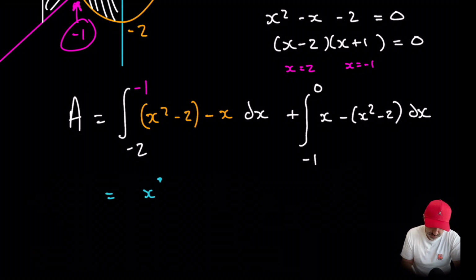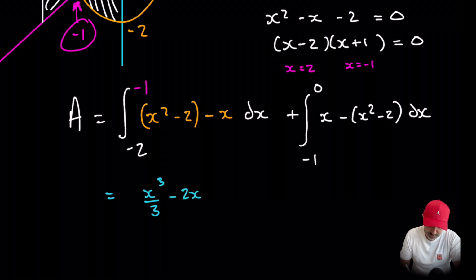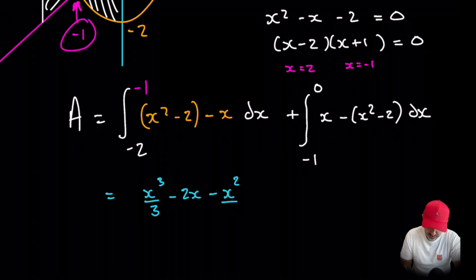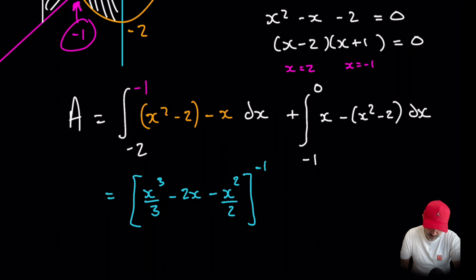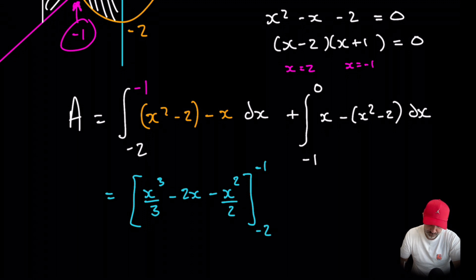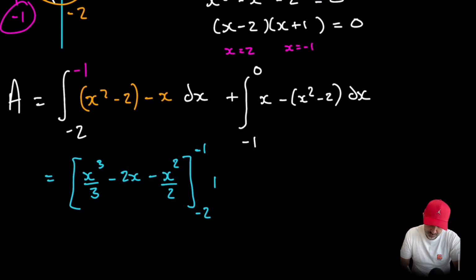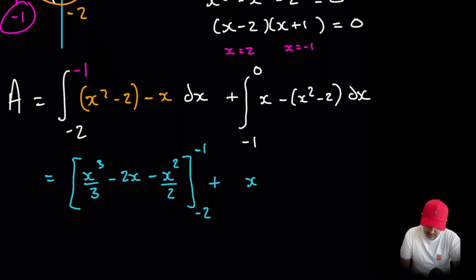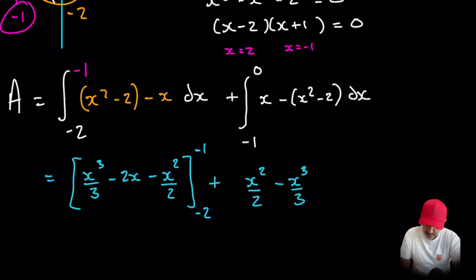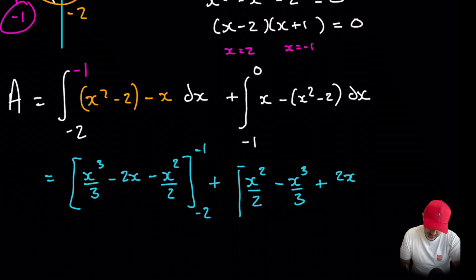So we've got x cubed over 3 minus 2x minus x squared over 2, and that's all with the limits -1 and -2. And now we have to do the same here. So we're going to have x squared over 2 minus x cubed over 3 plus 2x, right?